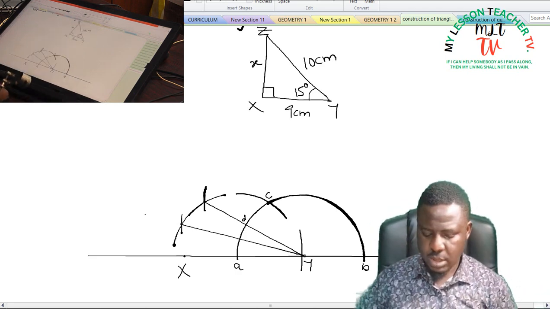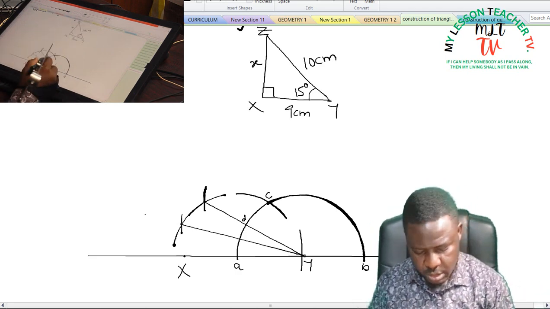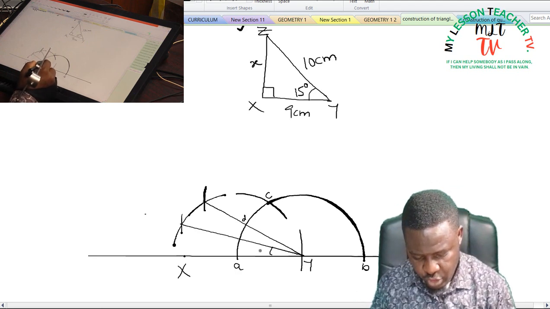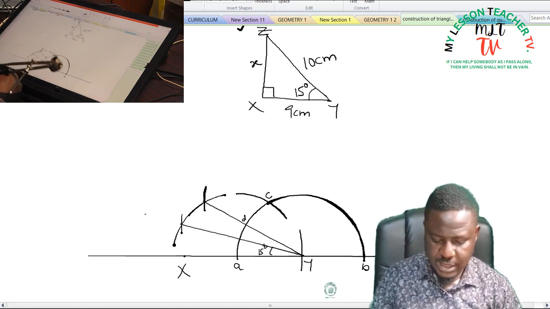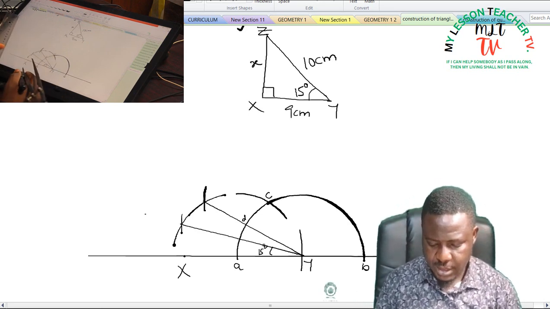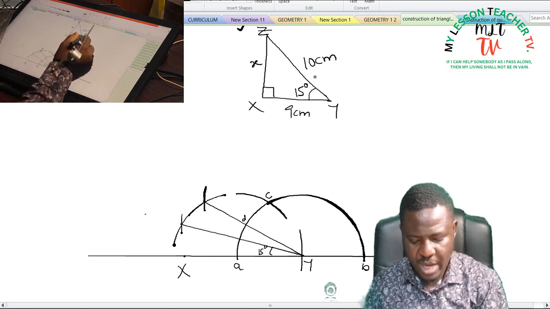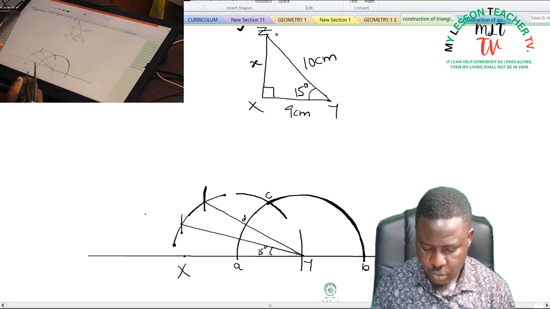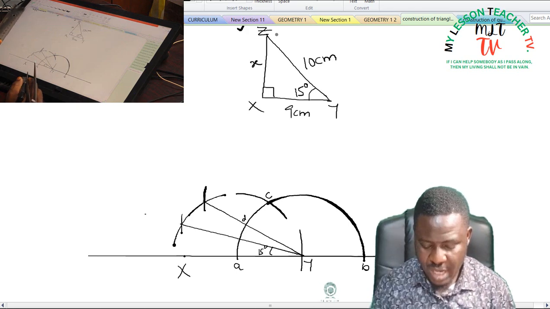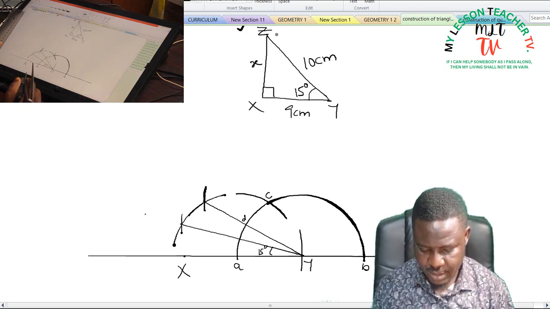Now the question says that since this is 15 degrees, if you measure it using your protractor, it gives you 15 degrees. The question says AD is X, YZ is 15 degrees. YZ is 10 centimeters.